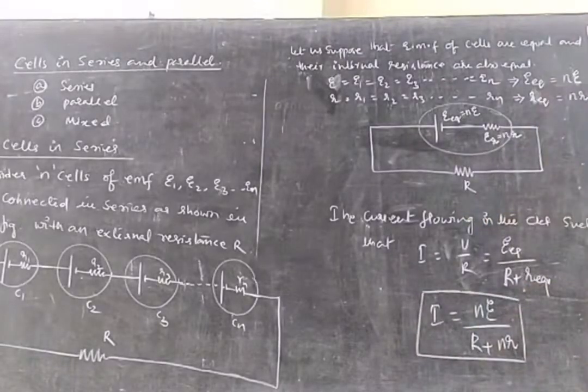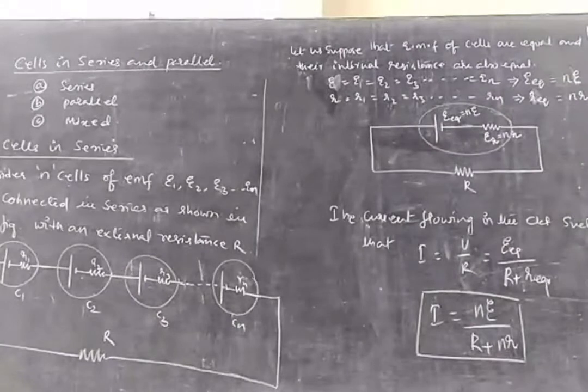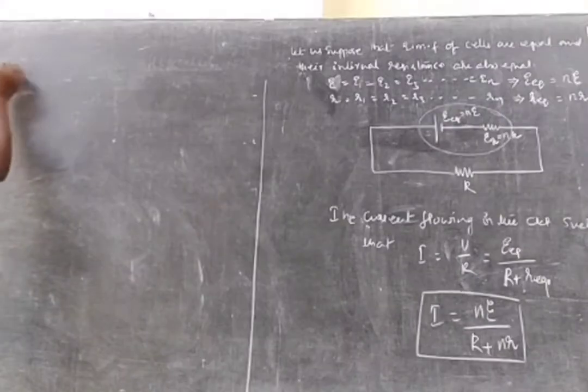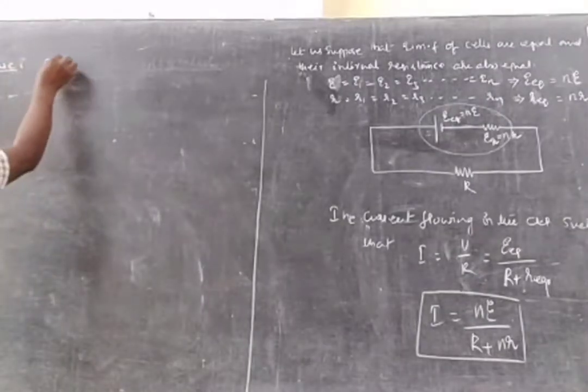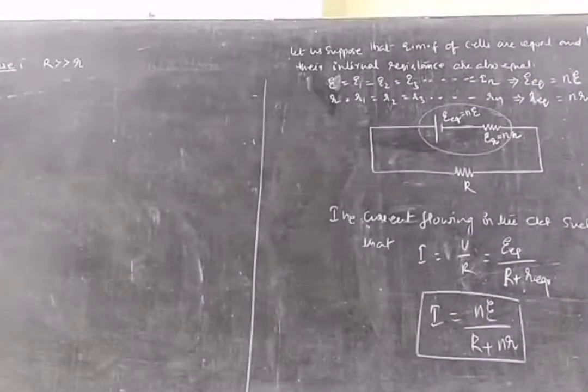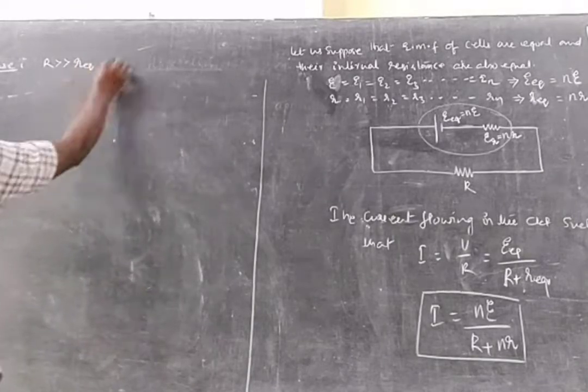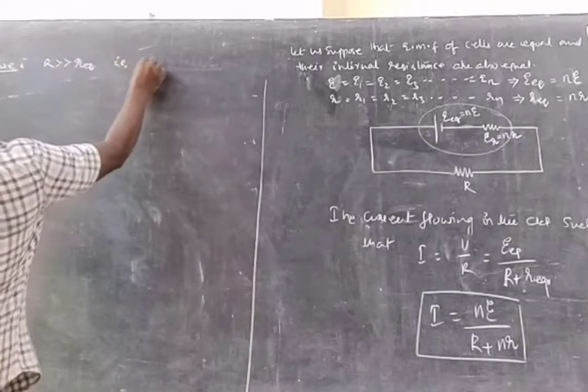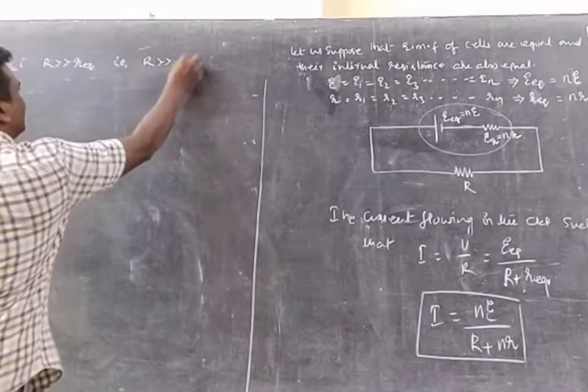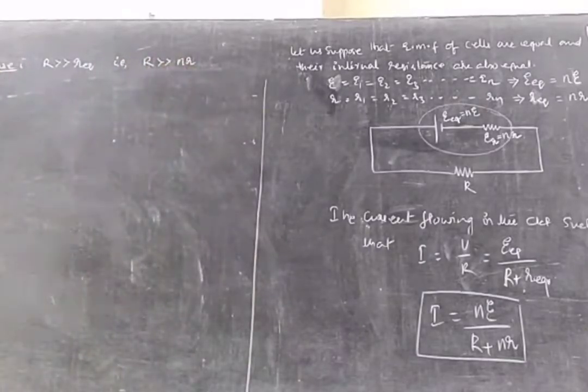Hello, please copy down. Case 1. If R is very much greater than the internal resistance, what happens? R is very much greater than n into r. Now what happens?